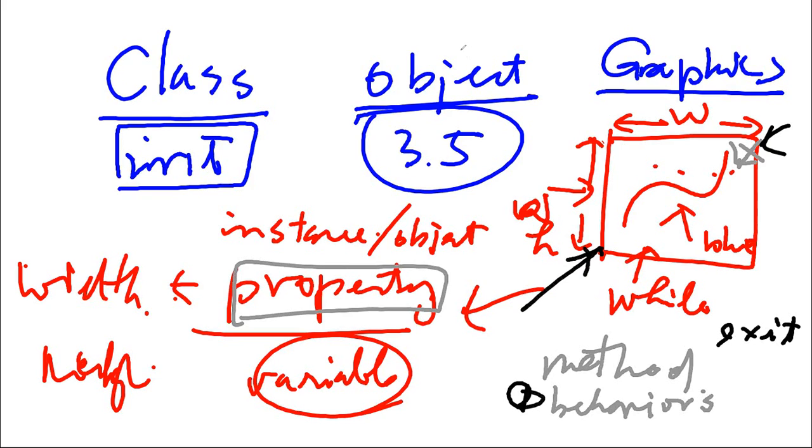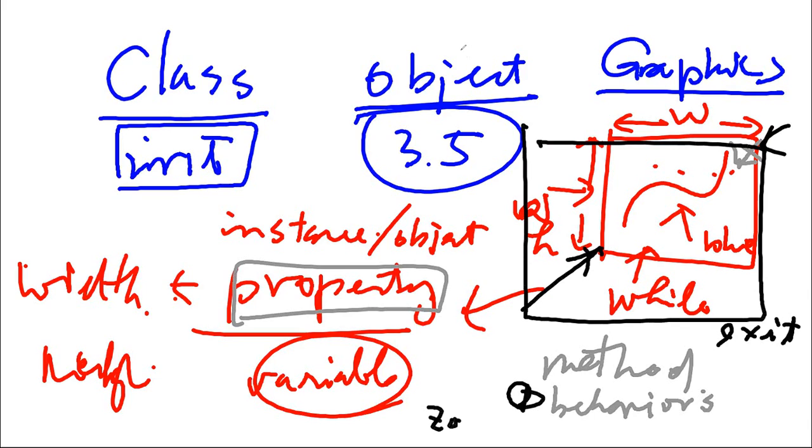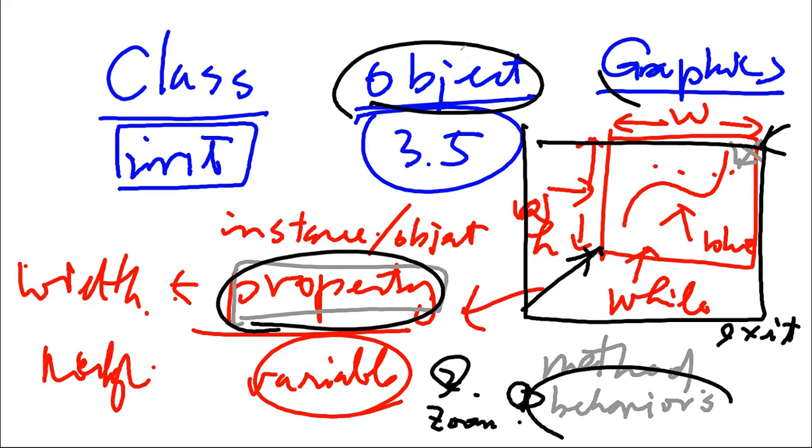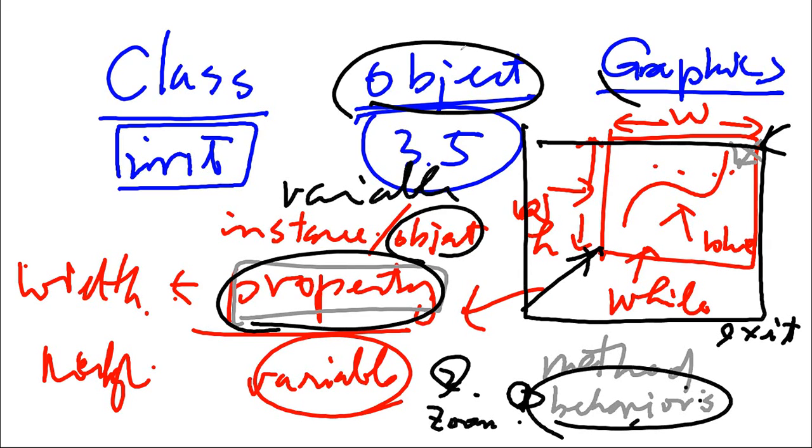Or I drag this window and it becomes bigger. There will be zoom in, zoom out behavior. So number two, an object basically has properties and behaviors, or properties also called variables, and behaviors also called methods. Okay.